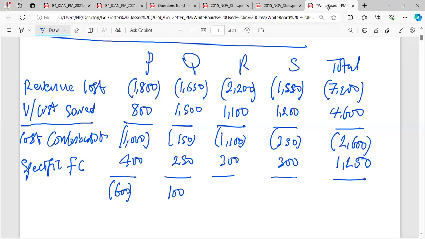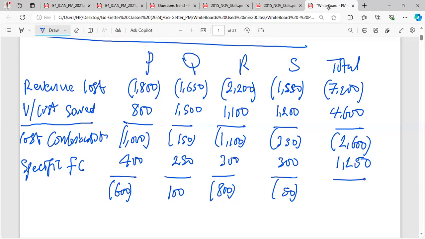300 minus 1,100 should give us 800 in the negative. 300 minus 350 should give us 50 in the negative. And this will give us 1250 minus 600.